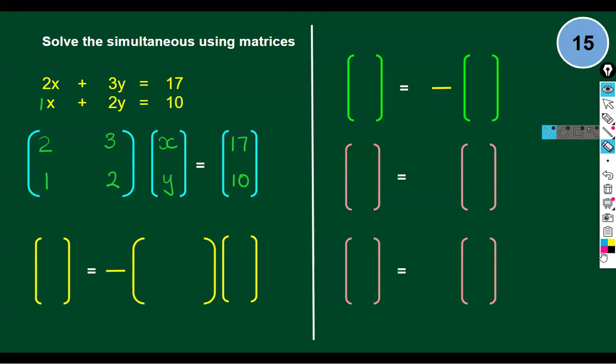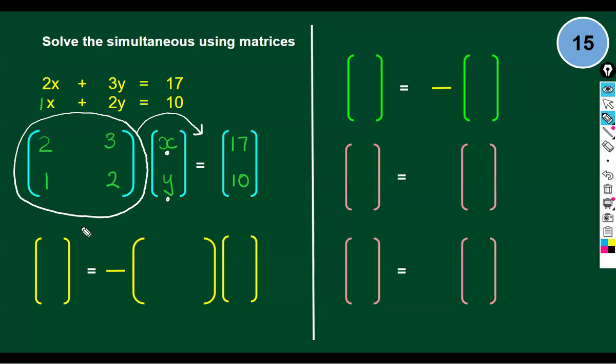So, what's the aim of a simultaneous equation? Isn't it to solve for X and isn't it to solve for Y? So that means if I'm trying to solve for X and Y, I need to keep X and Y on this side and throw everybody else who is not X and Y on the other side.